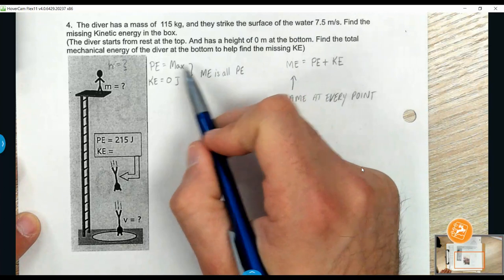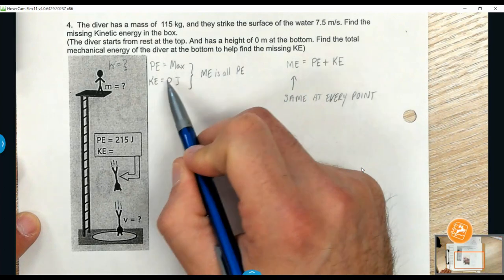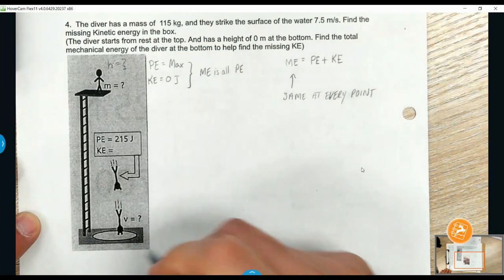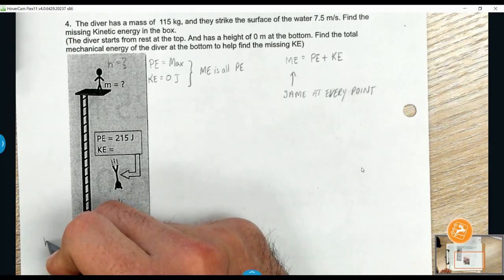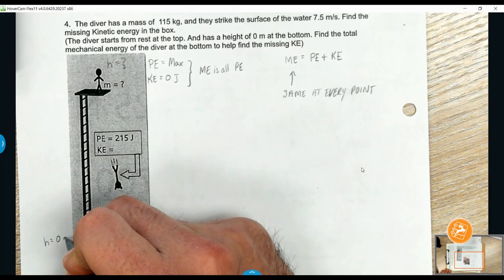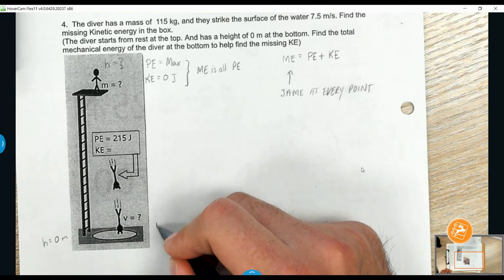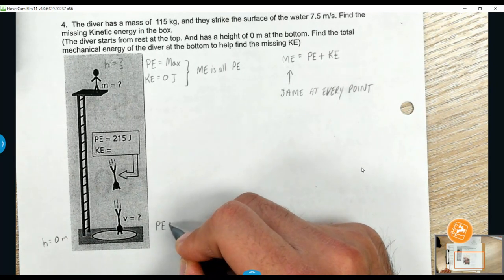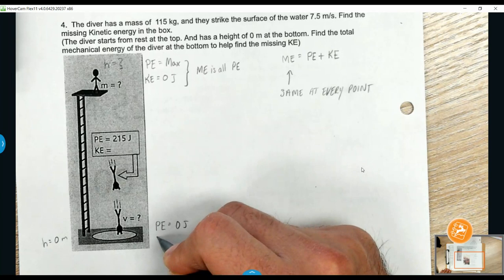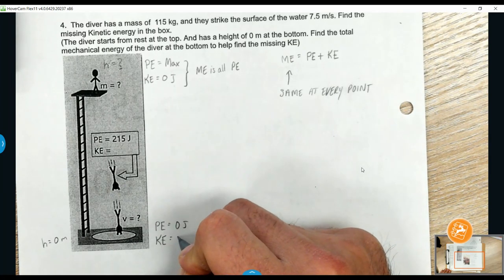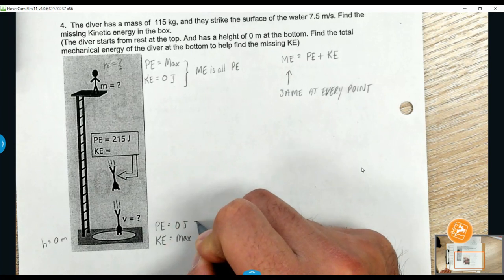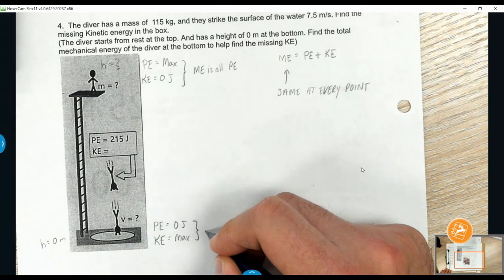It's the same at every point. At the top, we're all potential, no kinetic because we're at rest. At the bottom, height would be equal to 0 as you're jumping into the pool. Your potential energy would then be 0, which means you would be all kinetic energy. The kinetic energy would be max.